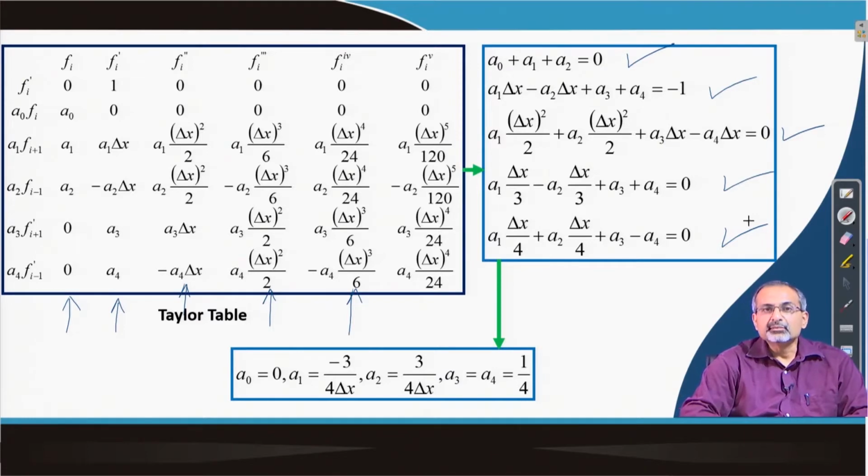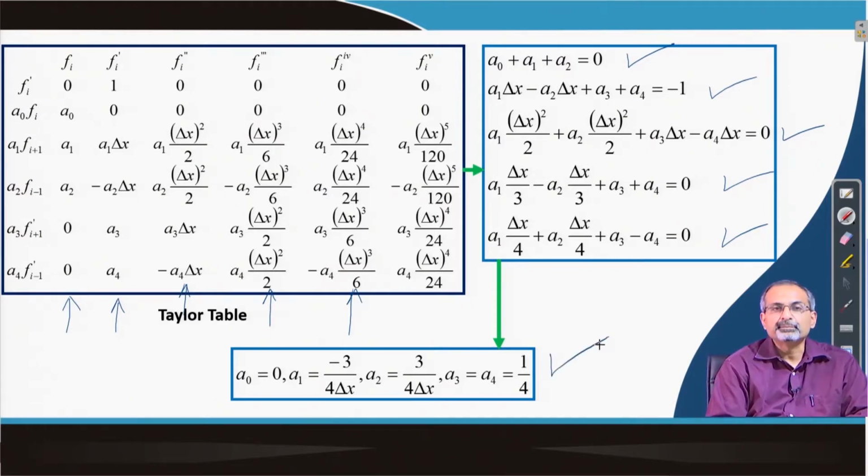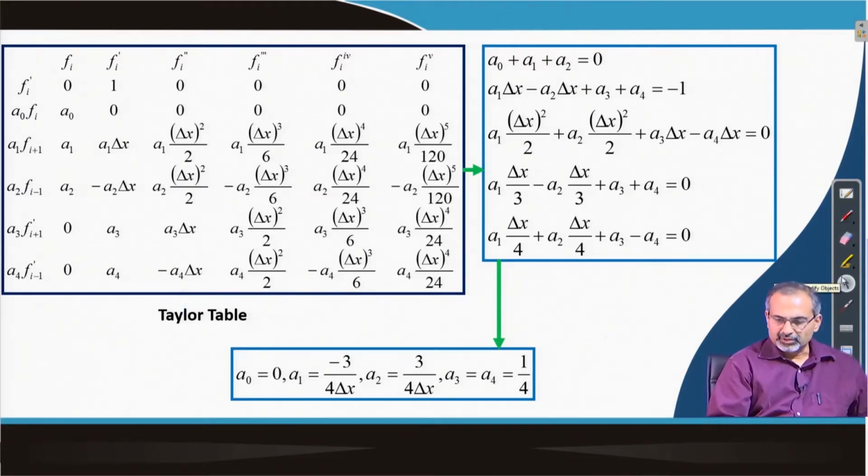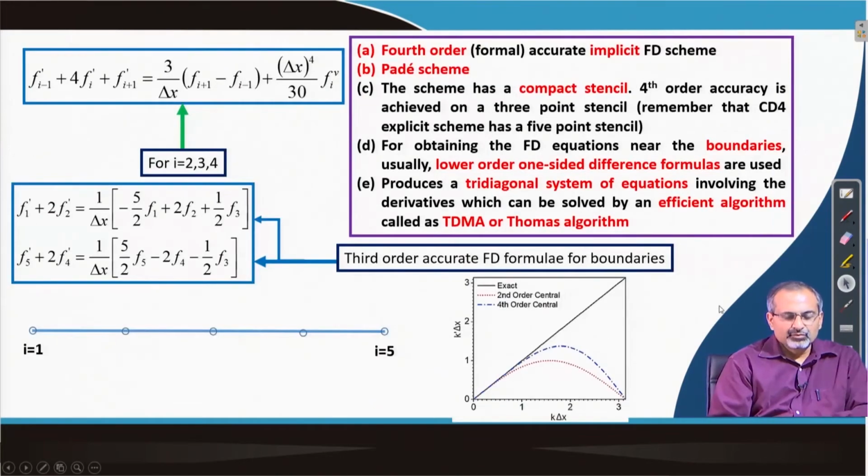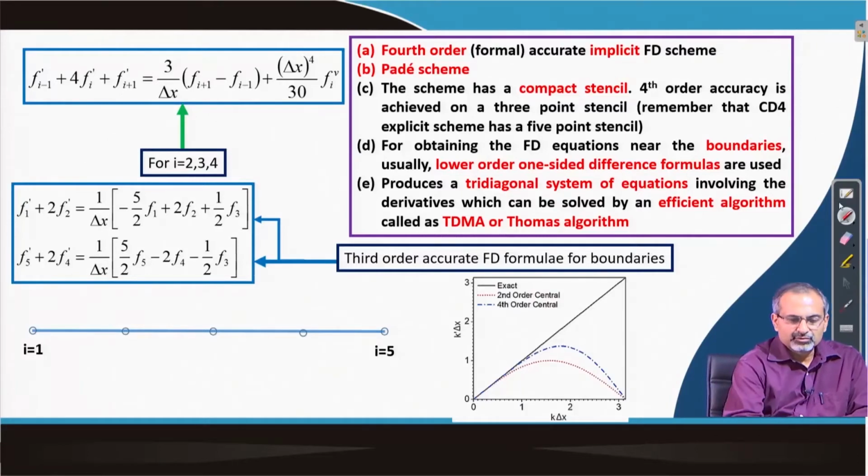So, now we simultaneously solve these linear algebraic equations, and we come up with the values of the coefficients. Now, if we just plug in these values of coefficients into the initial equation that we defined earlier, we should be able to get the scheme. So, if we do that, we have the scheme defined over here for us.